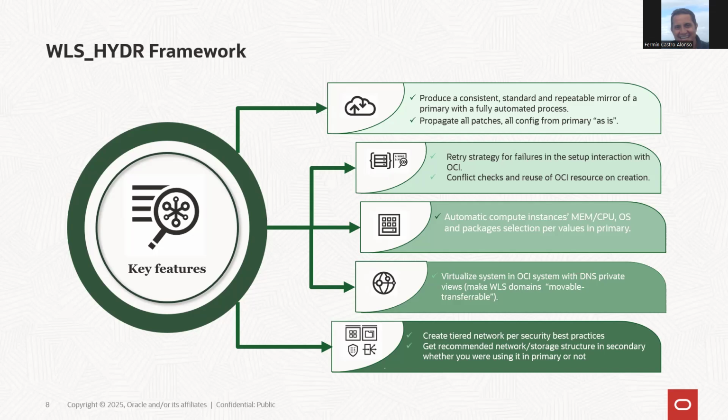As another, and probably the key aspect of all the features included in the framework, we virtualize your primary system for you. What do we mean by virtualize? We are basically taking your primary WebLogic domain and configuration, shipping it over to secondary, and making that configuration work as it is in secondary.